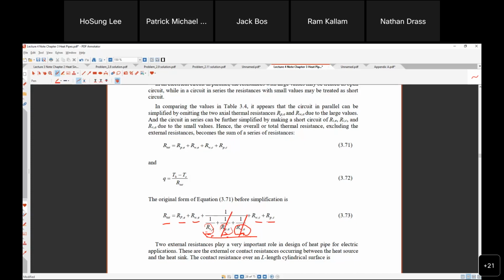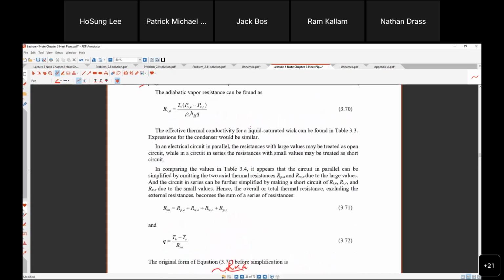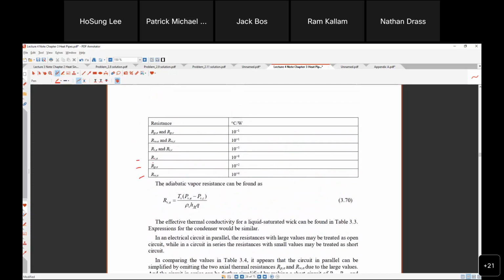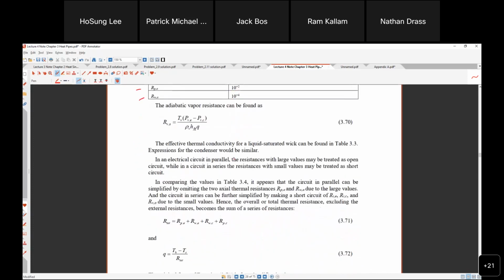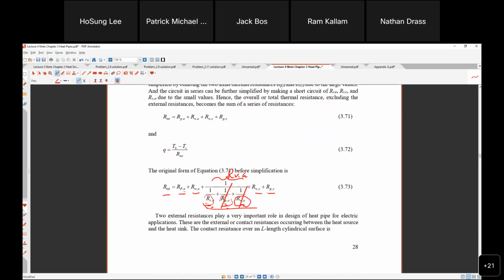But the vapor adiabatic now, compared to the pipe, vapor adiabatic is 10 to the minus A compared to pipe 10 to the minus 1. So again, when we compare this value to others, this is negligible.